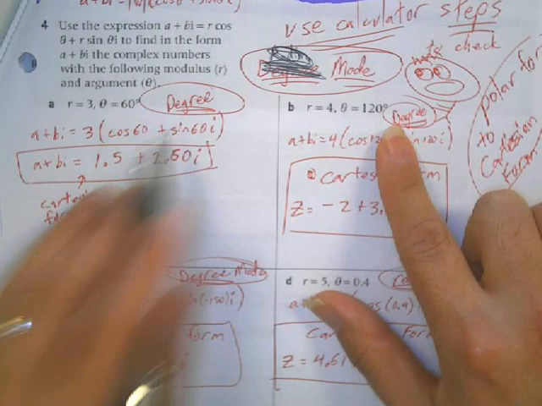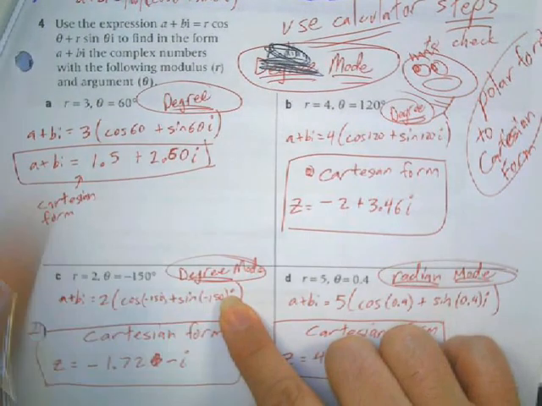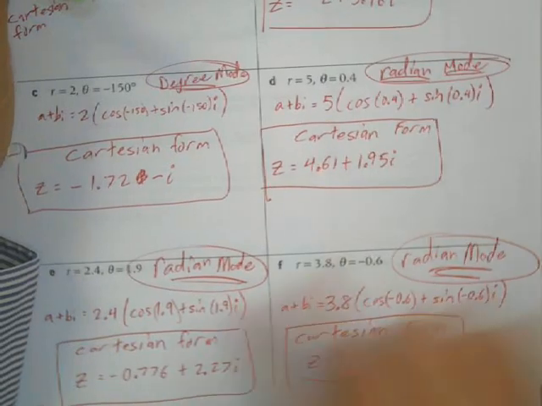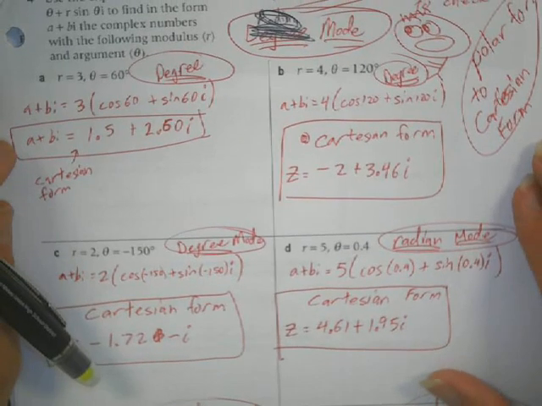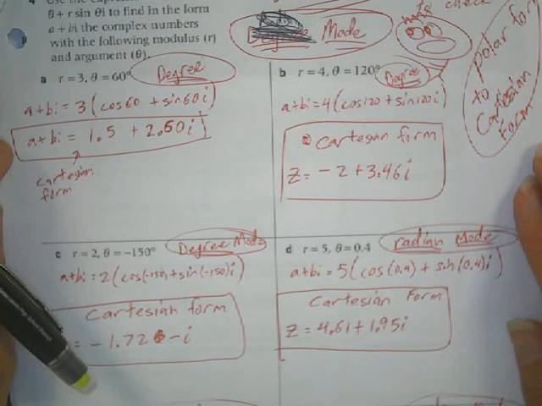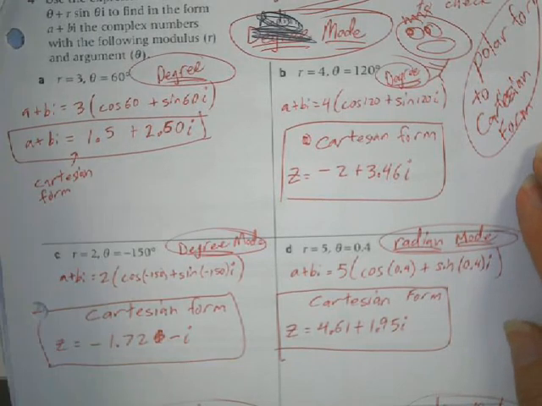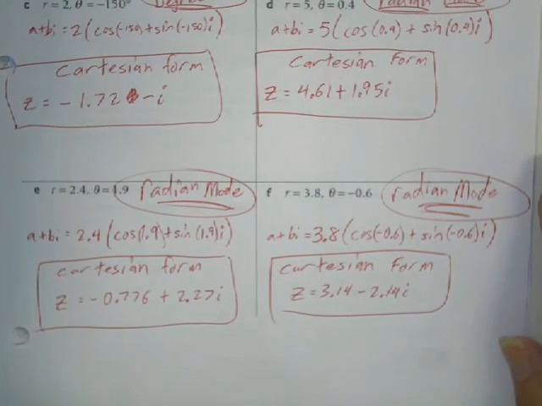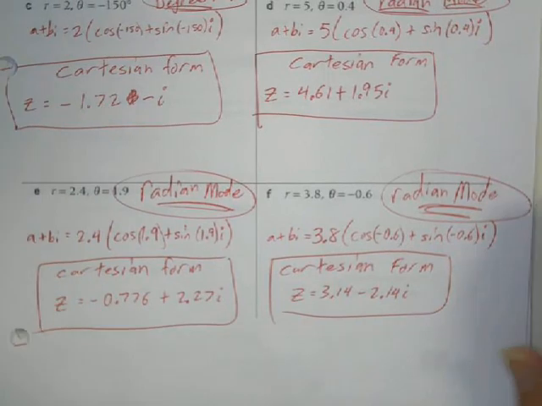This one here has to be in degree mode. And then the other three, they gave it to you in radians. They were trying to be tricky. Okay, check your answers. Please practice this with a calculator. Don't just copy this down. I want to make sure you get it.